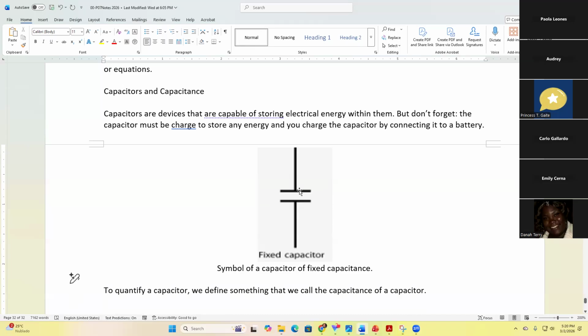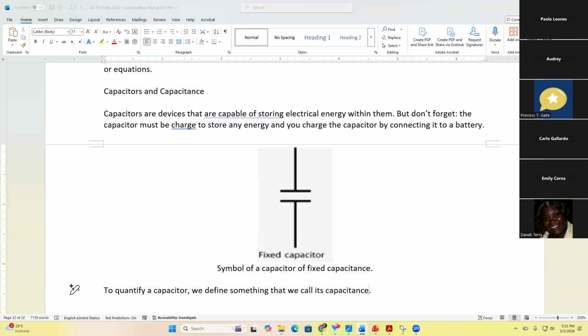Two parallel plates, with one lead of the capacitor and another lead of the capacitor. The two plates can be drawn vertical or horizontal, whatever it is. To quantify a capacitor, we define something that we call its capacitance.